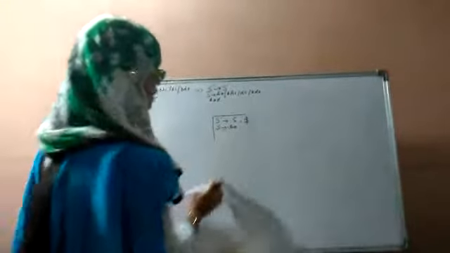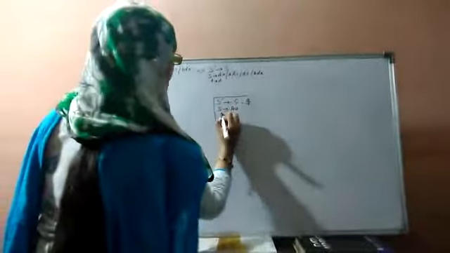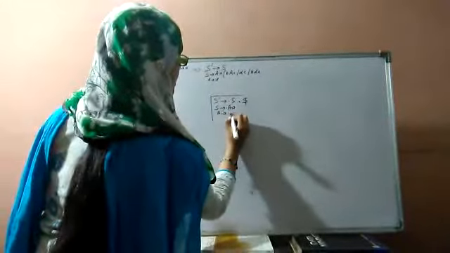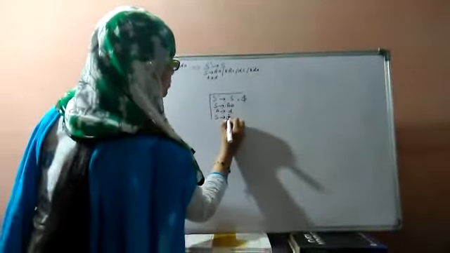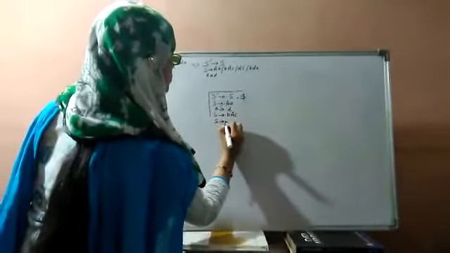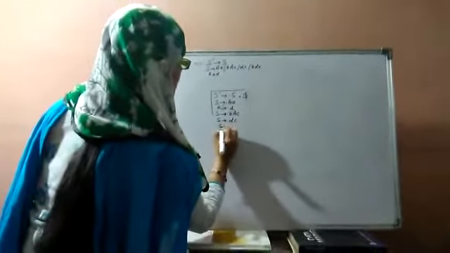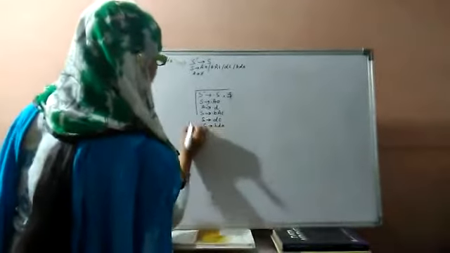And now you can see that the dot has been placed before the variable, so add the productions of A: A to dot BAC, A to dot DC, A to dot BDA.